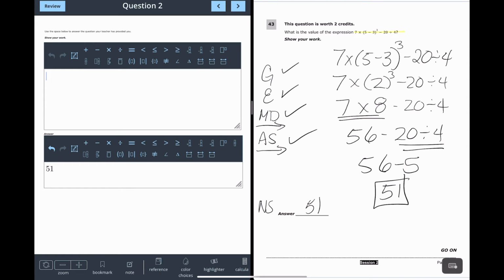All right, I'm not going to draw this with the touchpad because that's a lot, and I don't have a lot of room. I do prefer to type it. So I'm going to use GEMDAS to help me out. And I'm going to do 7 times 5 minus 3. Now, practice this. Automatically here, 7 times, parentheses, 5 minus 3.